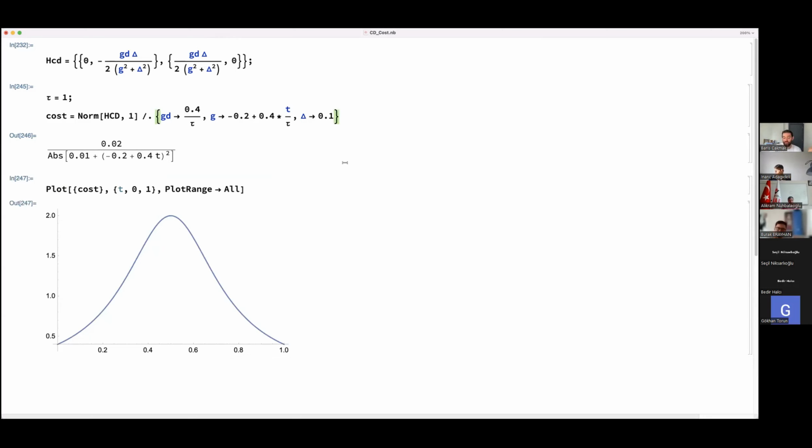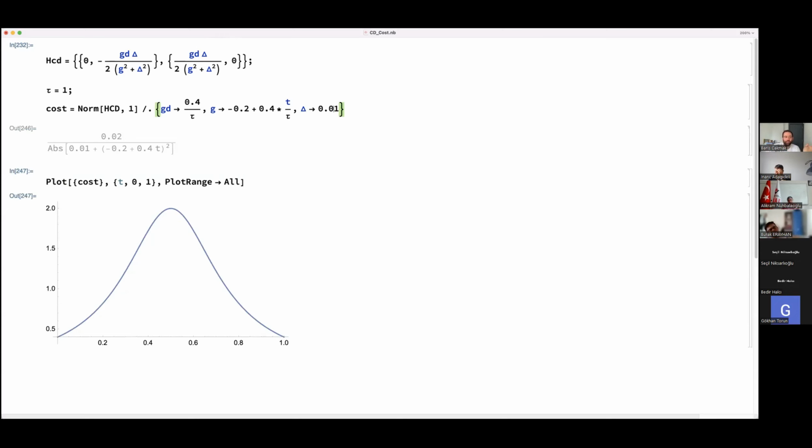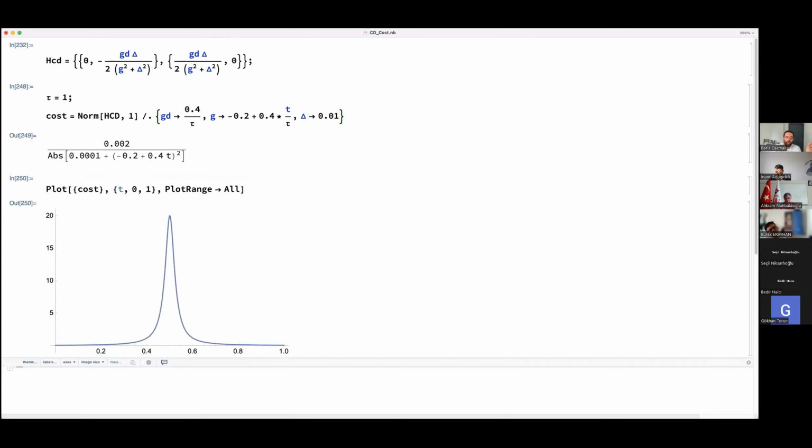If I reduce the minimal gap between the energy eigenvalues by 1 order of magnitude, as you can see, I have an increased cost around that minimal gap point. Since these two energy eigenvalues are really close to each other, any deviation from adiabaticity, any deviation from slow variations, can easily induce transitions between these energy eigenstates.